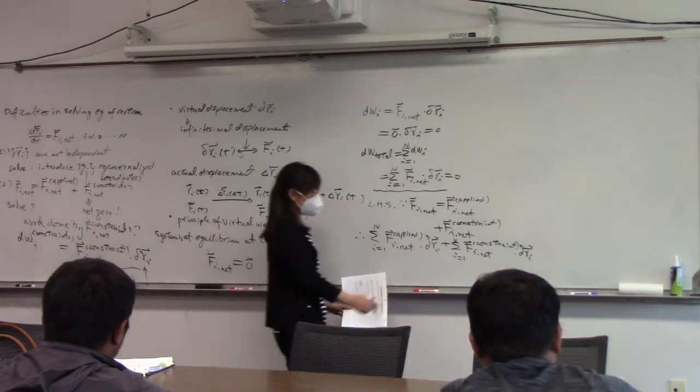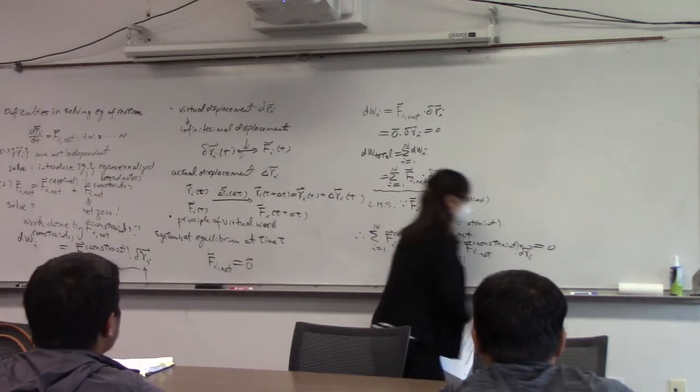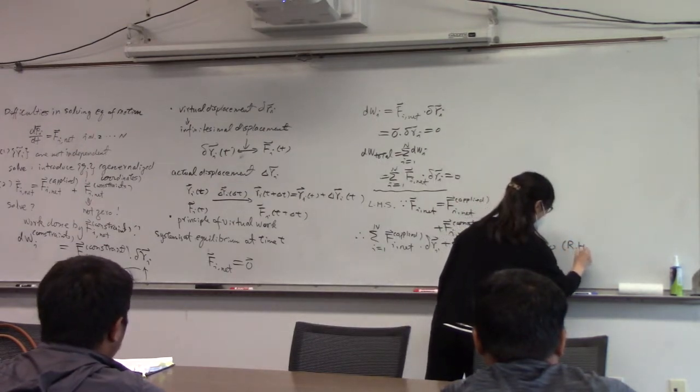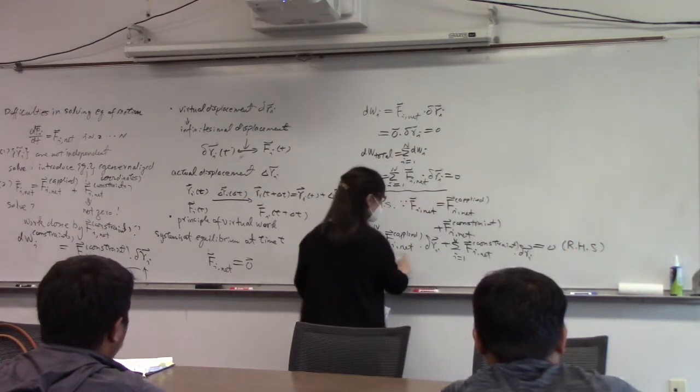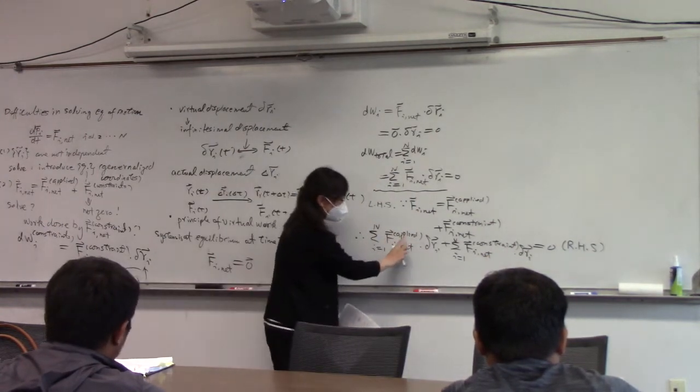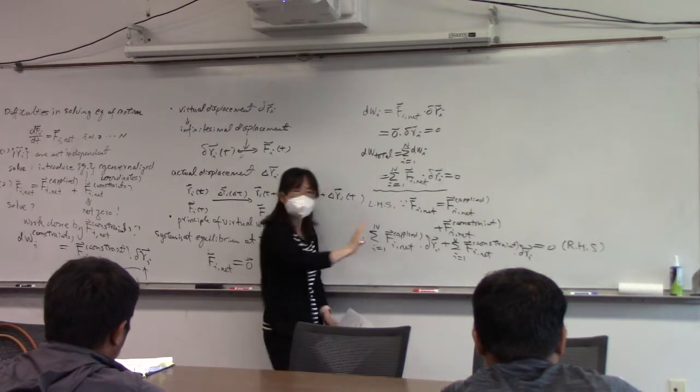So we have two terms, and together they equal 0 because the right hand side is 0. That does not mean each term is 0, right?